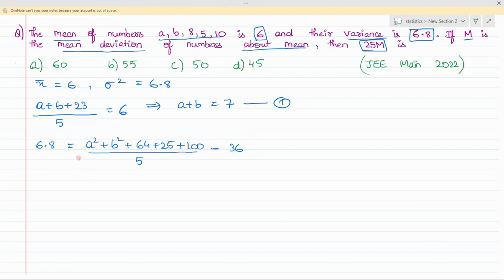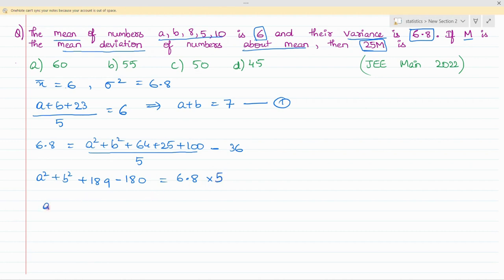So it becomes a square plus b square plus 189 minus 180 is equal to 6.8 into 5.